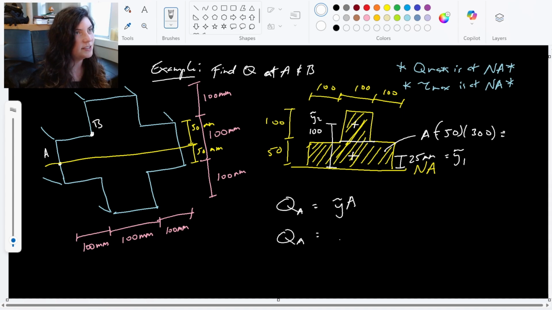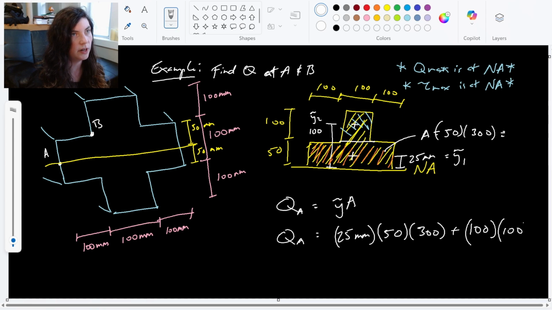So it'll be the 25 millimeters, Y tilde 1, times the area of the first shape, so 50 times 300. That's just for this bottom shape here. And then for the top shape, my Y tilde we said was 100 millimeters, and the area is 100 by 100, a 100 by 100 square.